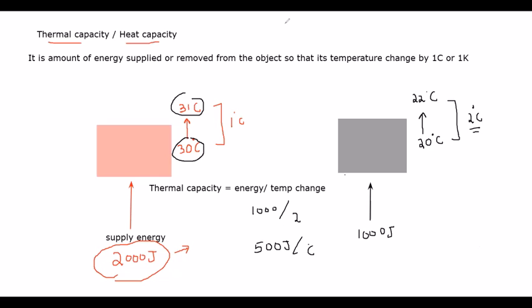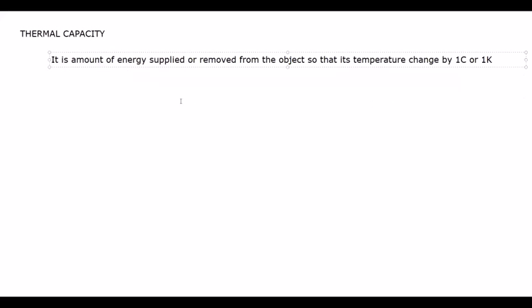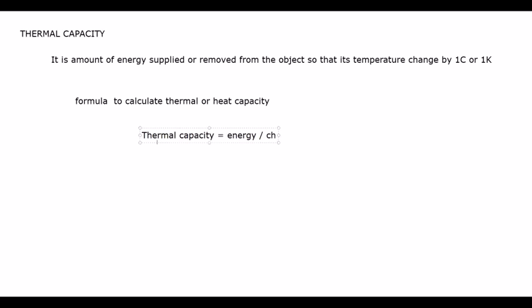So if you want to find the thermal capacity of an object, the formula which you will use is: thermal capacity is equal to energy divided by change in temperature.